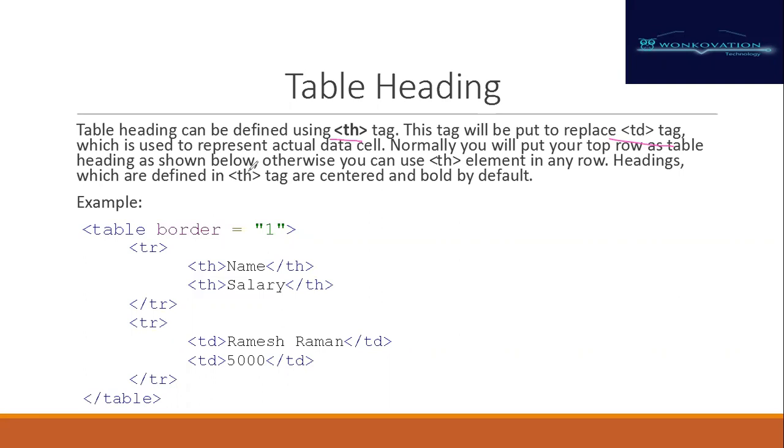The table heading will bold the text and center it. Earlier it is aligned to the left and is regular text, but inside TH it will be aligned to the center and bold. So how do you use it inside the table row? You replace the TD with TH in one row only, because there is only one heading inside the table.